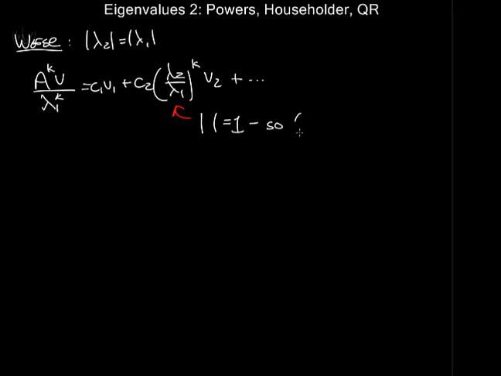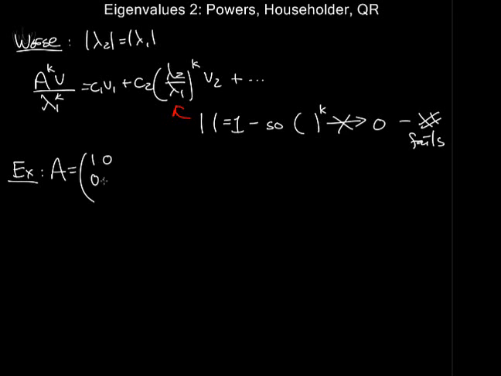And when you raise a number of absolute value 1 to a high power, it doesn't get any closer to 0. And so this doesn't work at all in that case. So this is a nice elementary method, but its convergence is slow and it only gives you the largest eigenvalue, and so it's not so great.